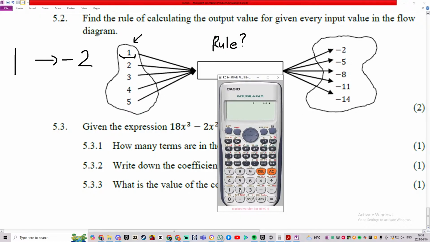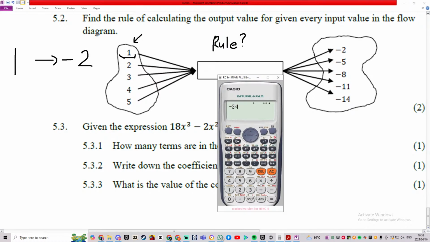If I take now x, what is my x? My x is this number. If I say 1 times minus 3 times x, what is minus 3 times x?